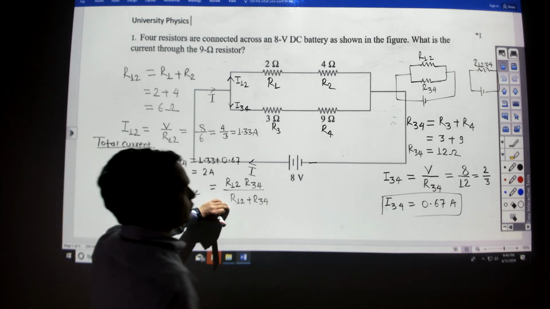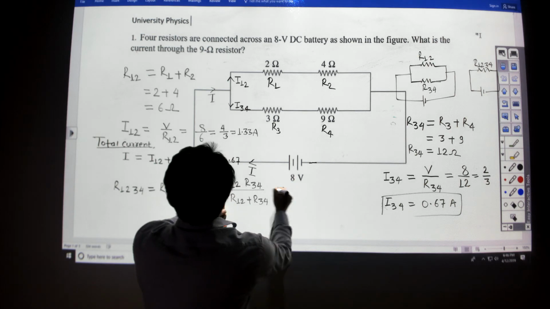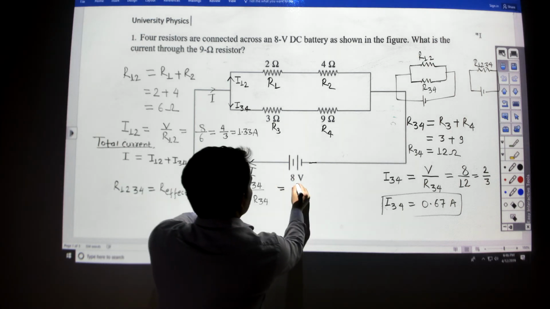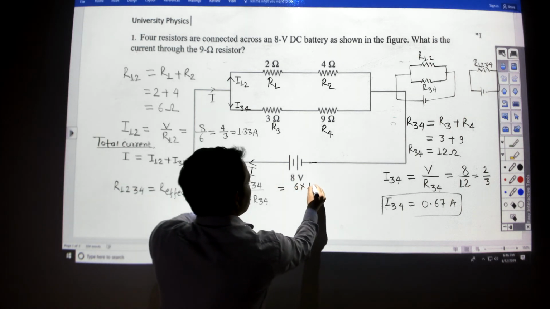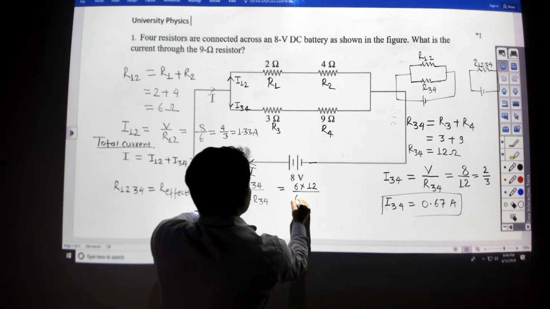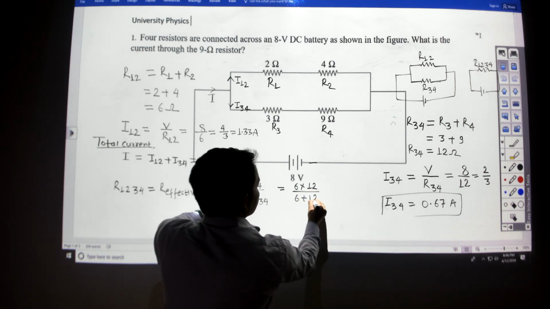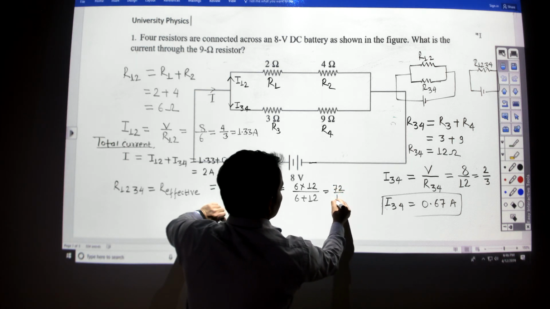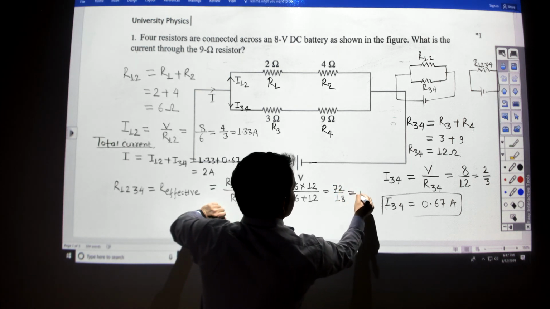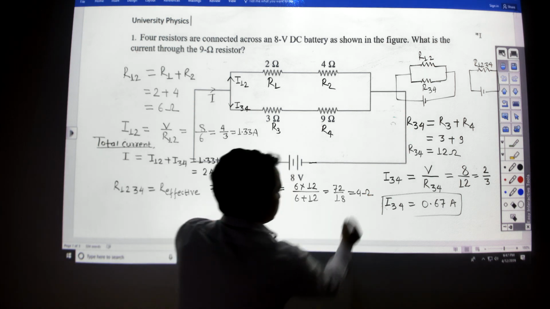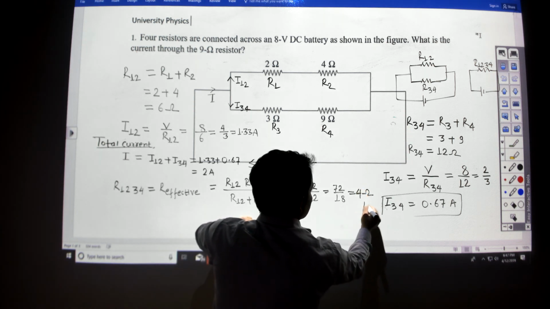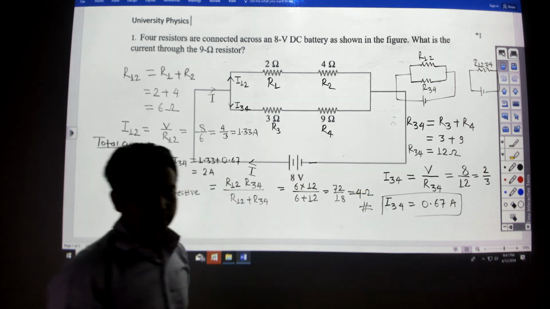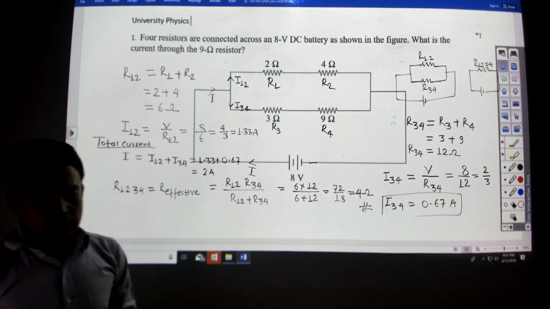What is R12? R12 is 6 ohm, R34 is 12, so 6 times 12 is 72, divided by 18, which is 4 ohm. This is 4 ohm.